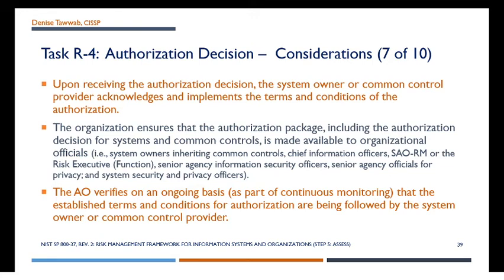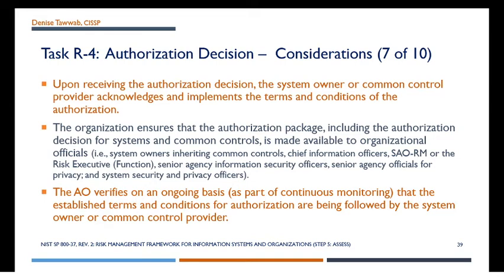All right, upon receiving the authorization decision, the system owner or the common control provider acknowledges and implements the terms and conditions of the authorization. The organization ensures that the authorization package, including the authorization decision for systems and common controls, is made available to other people in the organization.